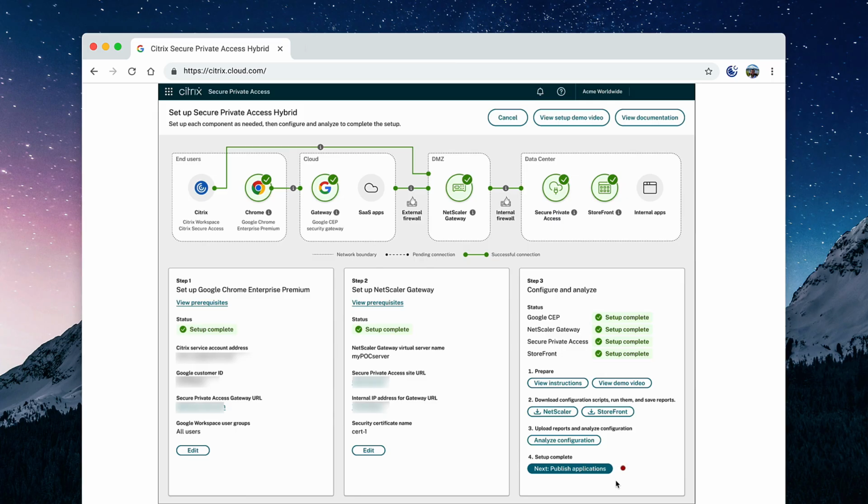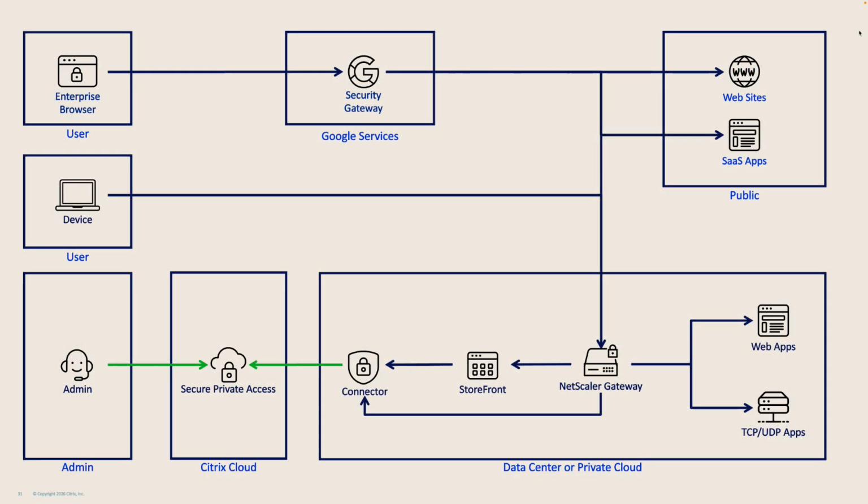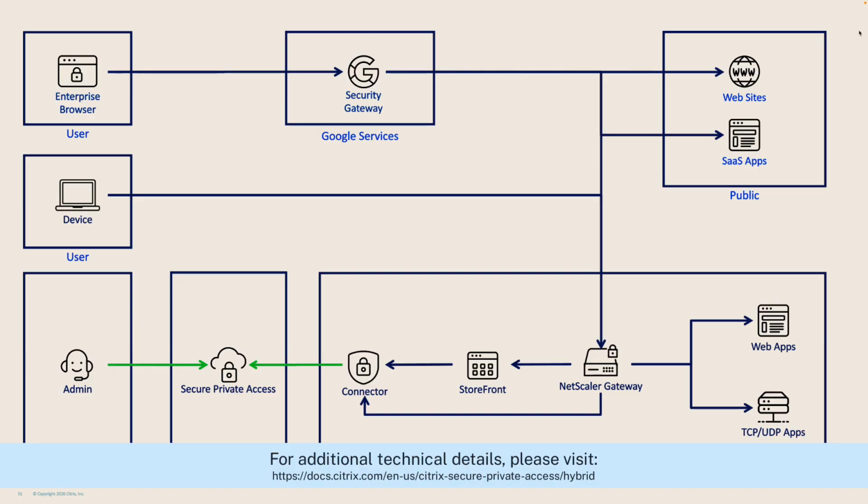Your hybrid secure private access setup is now complete. And with that, we return to the architecture diagram where this journey began. You've now seen how Citrix Secure Private Access brings together cloud-based management and on-premises control to deploy a modern zero-trust hybrid architecture.